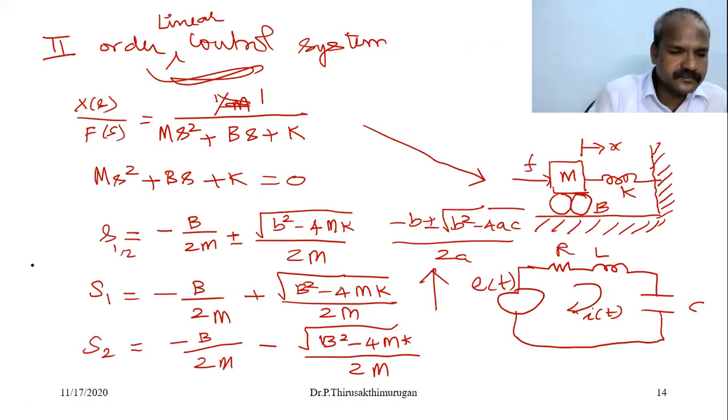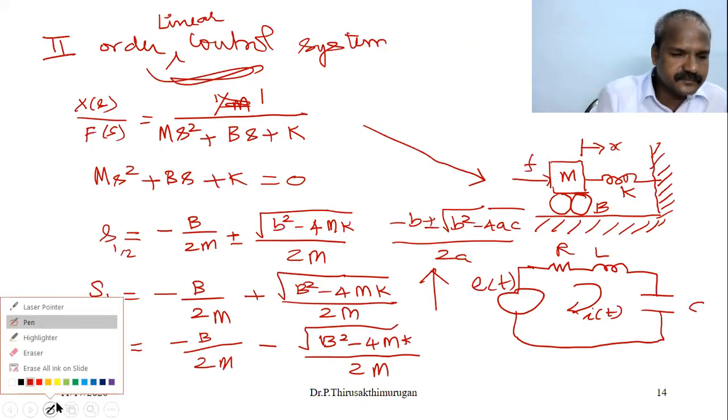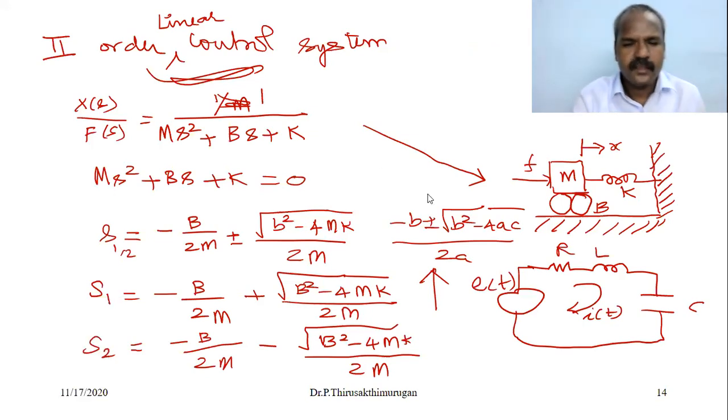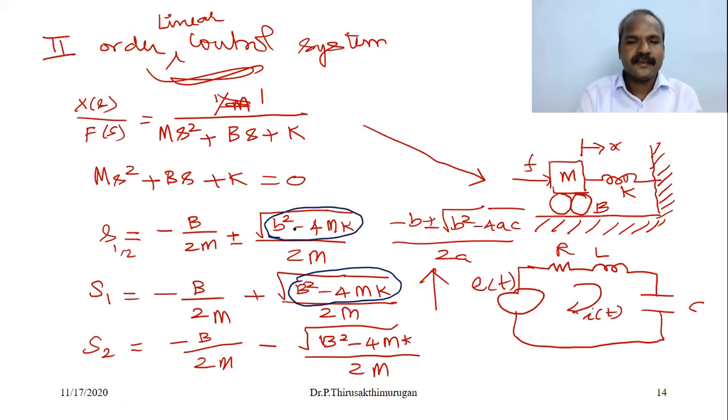let us see. So this b square minus 4mk, right? If b square is greater than 4mk, this will be real but unequal. If it is lesser, this becomes imaginary, so the roots become complex.